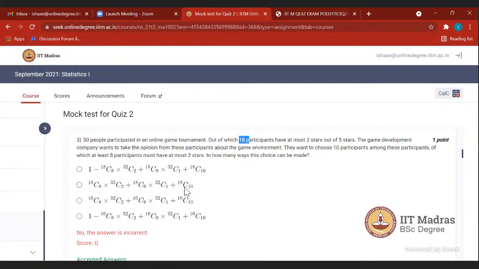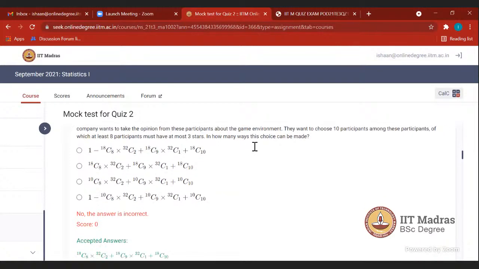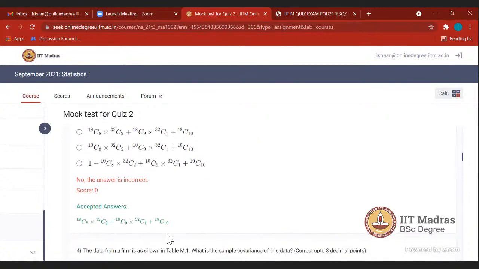So first you select 8 from these 18 and 2 from the remaining 32, or you can select 9 from these 18 and 1 from those 32, or you can select all 10 from these 18.